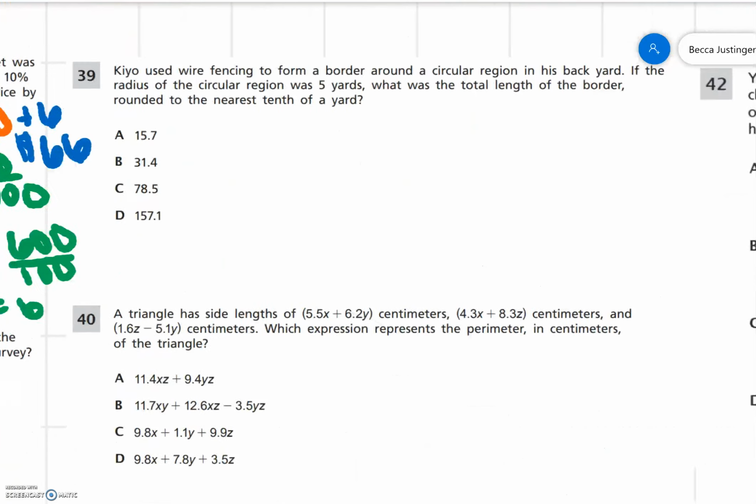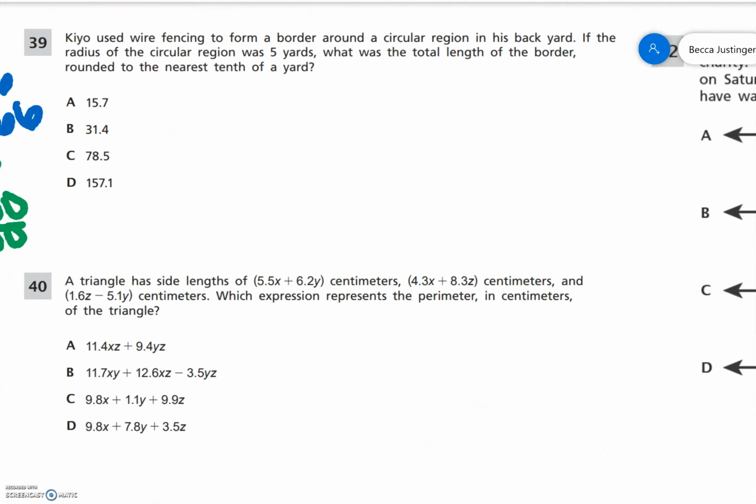Number 39. Caio used wire fencing to form a border around the circular region in his backyard. If the radius of the circular region was 5 yards, what is the total length of the border rounded to the nearest tenth of a yard? So the border, that's talking circumference.